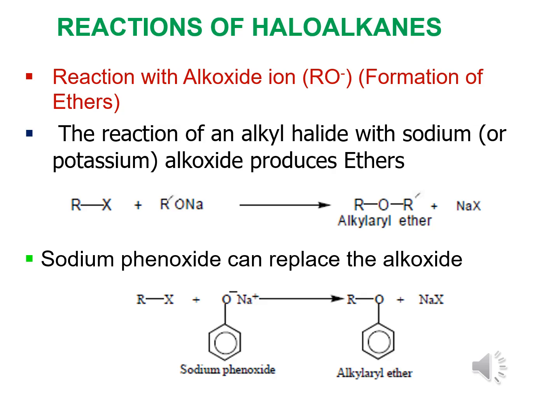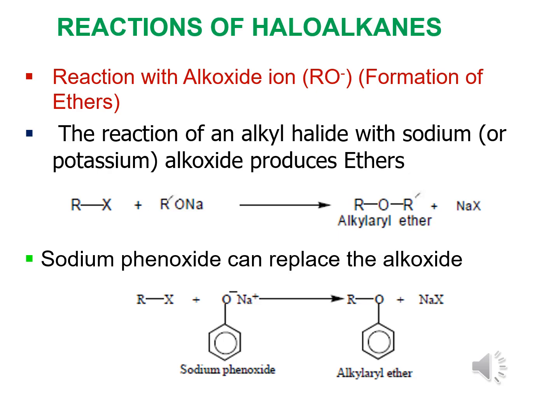The next reaction, like I said, was formation of ether. In that case, the alkyl halide is going to react with alkoxide, either sodium alkoxide or potassium alkoxide. It can also be sodium phenoxide. In that case, this metal is going to form bonding with the halide. Then the oxide is going to form bonding with the alkyl to form ether.